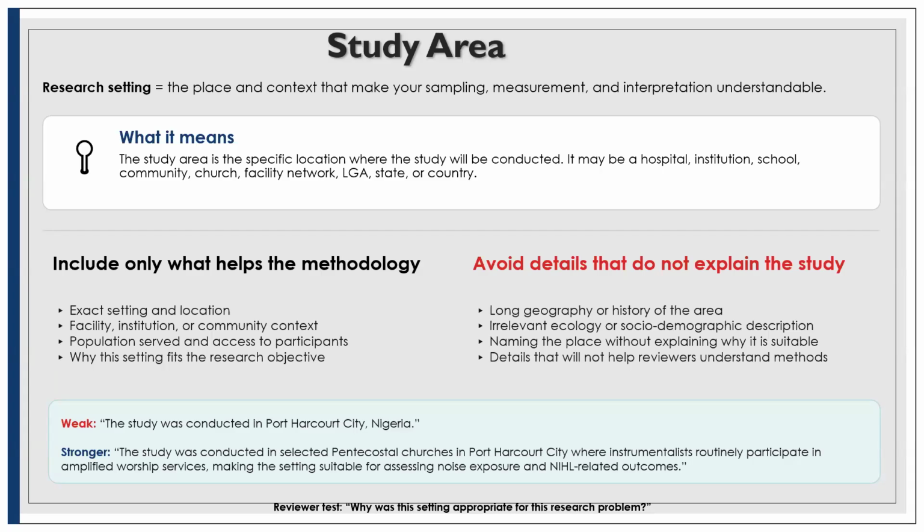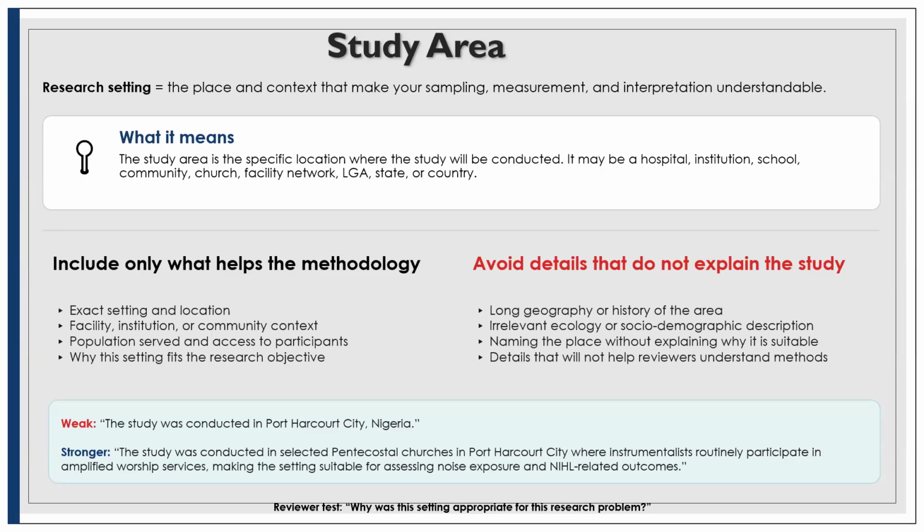Sometimes the study area can cause confusion with the study setting or research setting. That's why some journals will say, please use study setting or research setting instead of study area. Someone may collect their data at the antenatal clinic of the University of Port Harcourt Teaching Hospital, and when talking about the study area, they focus on Port Harcourt city, assuming the hospital is inside Port Harcourt.